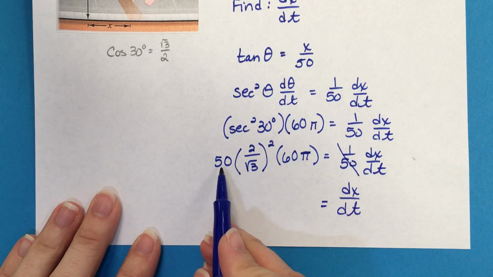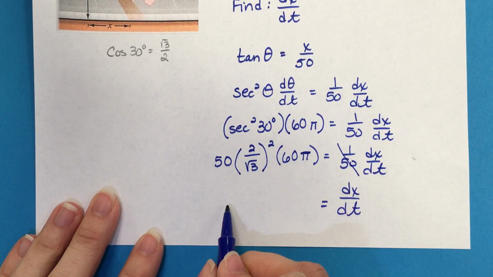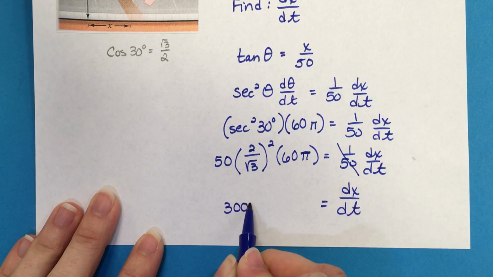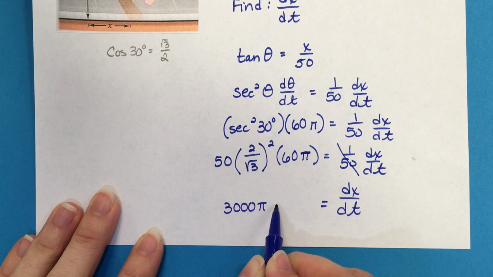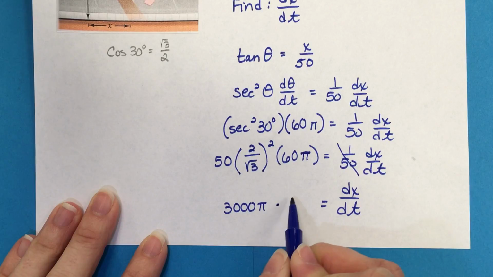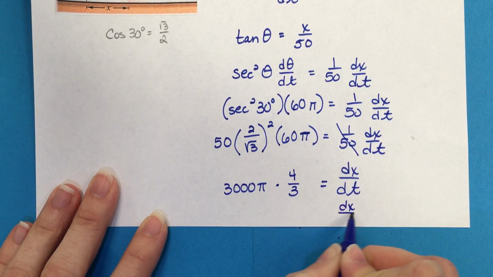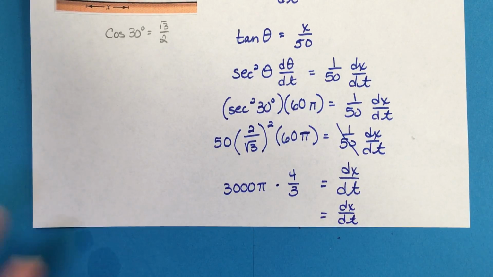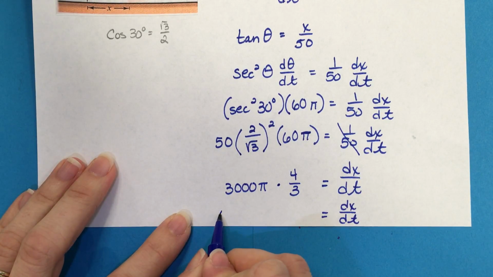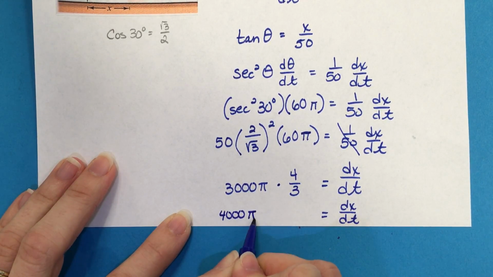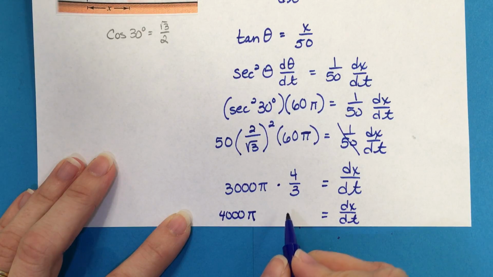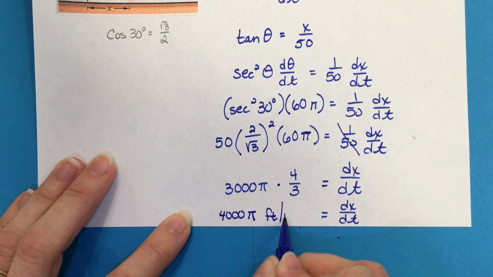I could do the 50 times the 60, so that's going to give me 3,000 pi. Of course, I've got to square the fraction, so that would be times 4 over 3. That's going to end up giving me 4,000 pi, and that would be in feet per minute.